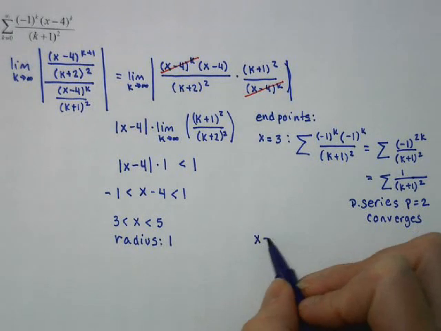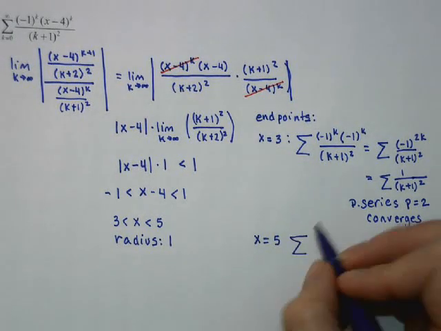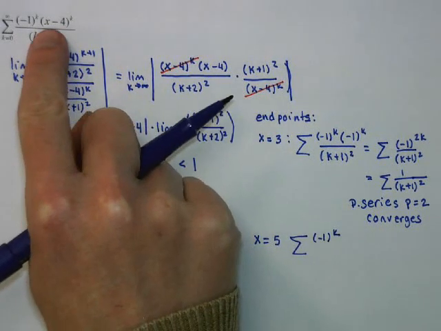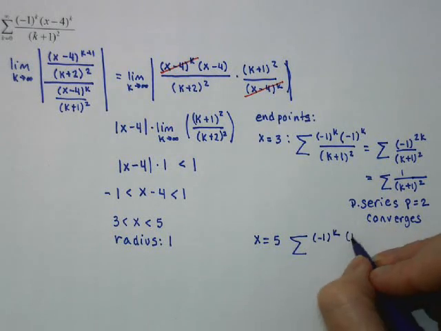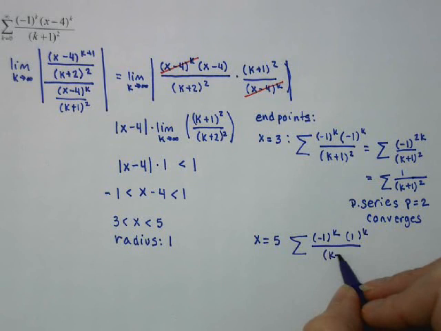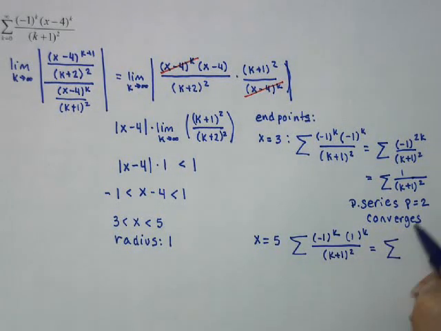Okay, then we're going to test x equals 5. When we plug 5 in for this, we're going to get 1 to the k. So this is just going to be (−1)^k over (k+1)^2.